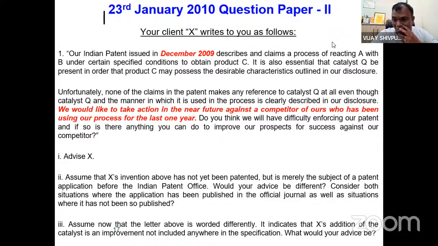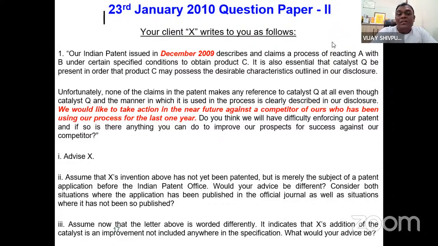So there has to be a catalyst Q, which is very essential for that process. Those of you from chemistry would understand the meaning of a catalyst: something that facilitates the process.